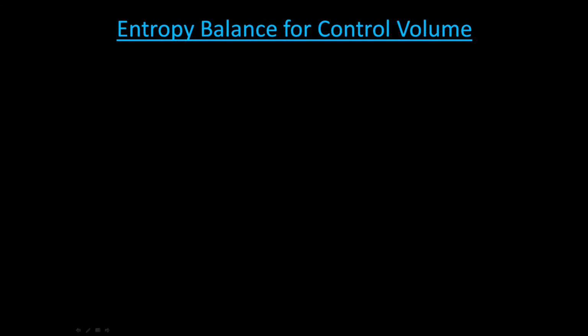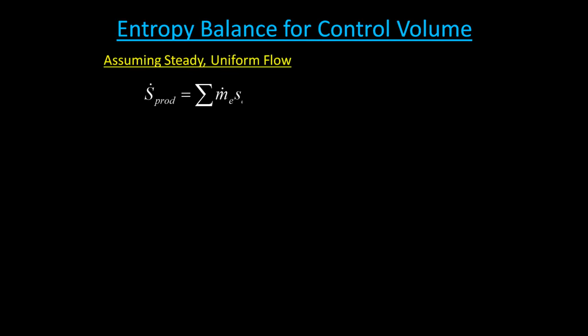So we can then say the entropy balance for a control volume, assuming a steady uniform flow, is that our entropy production rate is equal to the summation of the mass flow times specific entropy at the exits, minus the summation of the mass flow times specific entropy at the inlets, minus the summation of all of the heat transfers going into the process over the boundary temperatures.